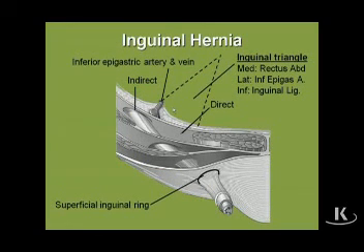So what we're saying here, therefore, is that indirect inguinal hernias, because they pass through the deep inguinal ring, are passing through a region that is lateral to the inferior epigastric artery. Whereas a direct inguinal hernia, because it's passing through the inguinal triangle, is passing through a region that is medial to the inferior epigastric artery.